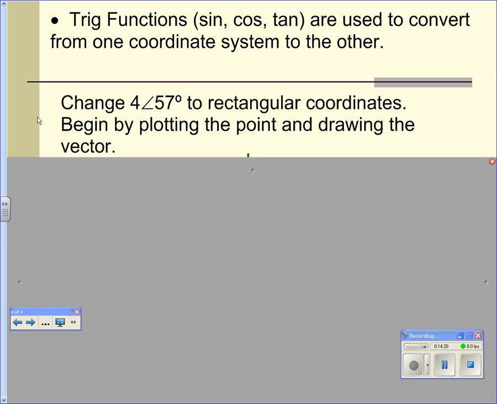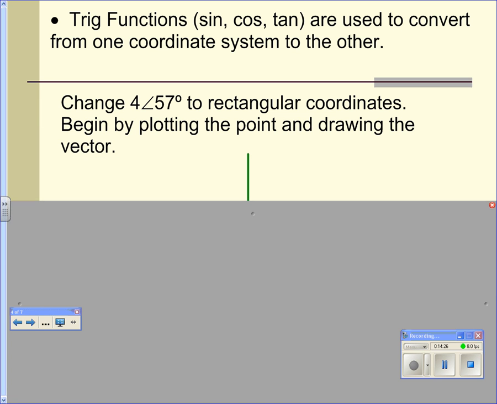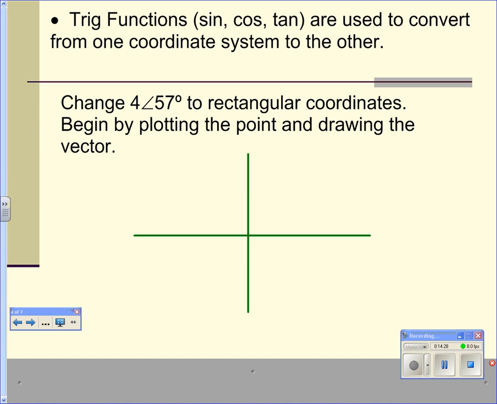Okay, these are the steps that we just did. If you want to write them down, if you need the steps. Step 1: you begin by plotting the point and drawing the vector.